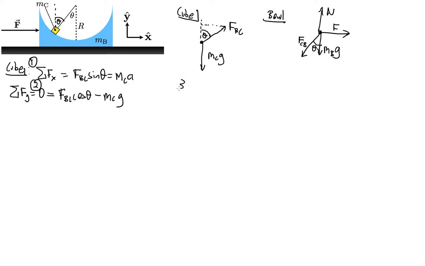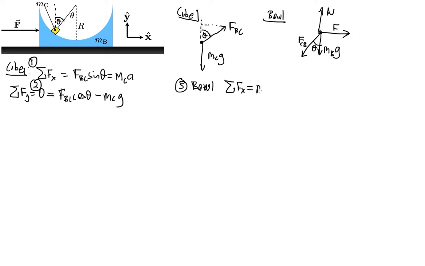Then finally, equation 3 is for the bowl. And that's the sum of the forces in the x direction. And that is equal to the mass of the bowl. Let's erase that. Don't need whatever that turned out to be. Come back. Boom!